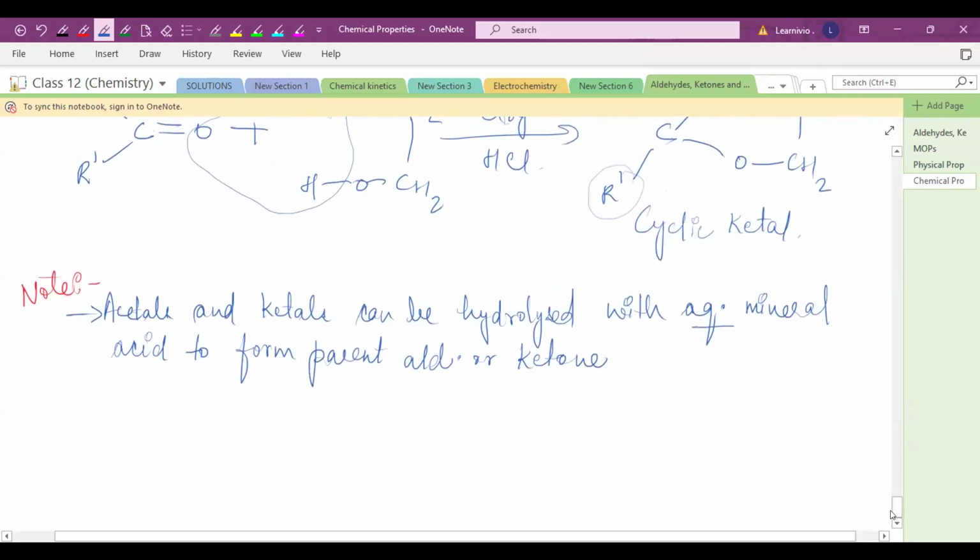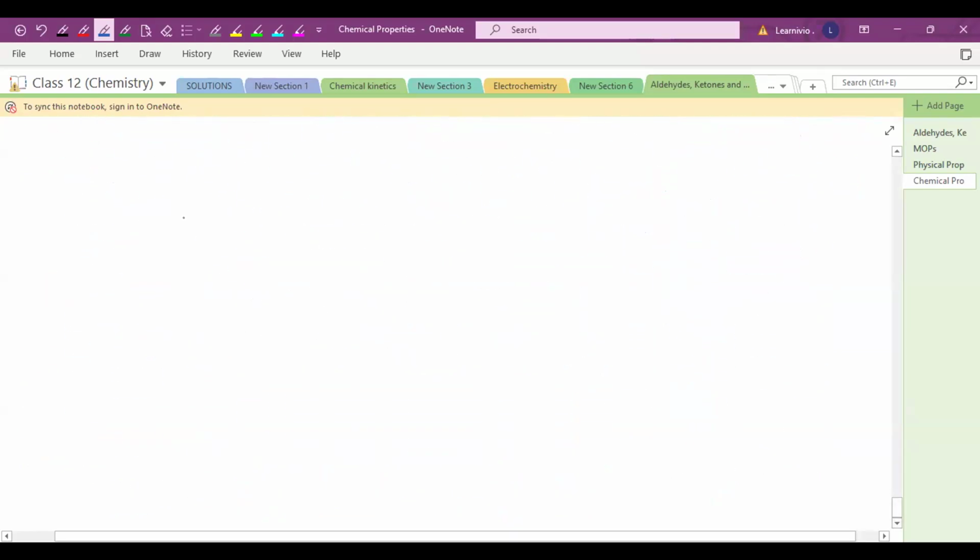Suppose we have this group: CH3, CH, and OCH3 and OCH3. What is this? This is your acetal, right? The OR group is attached to the same carbon, so it is an acetal group.